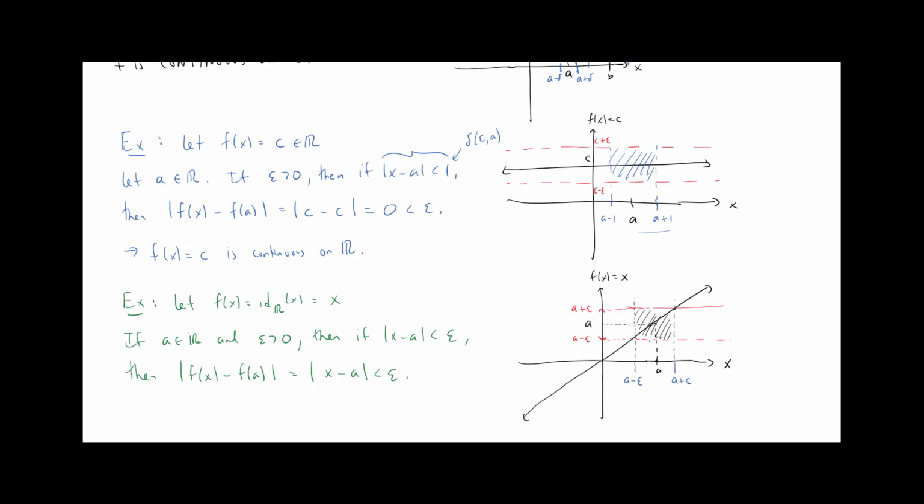All right, so this tells us that f of x equals x is continuous at any a, right? We chose a arbitrarily, so this is continuous on the set of all real numbers.